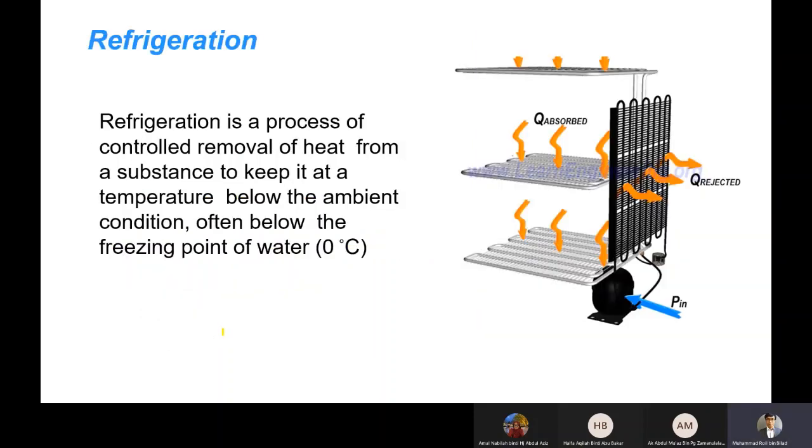So what is refrigeration? You have a fridge at home, you have aircon at home, you have aircon in your car. So all those are refrigerators, more or less. It's a process of removing heat.